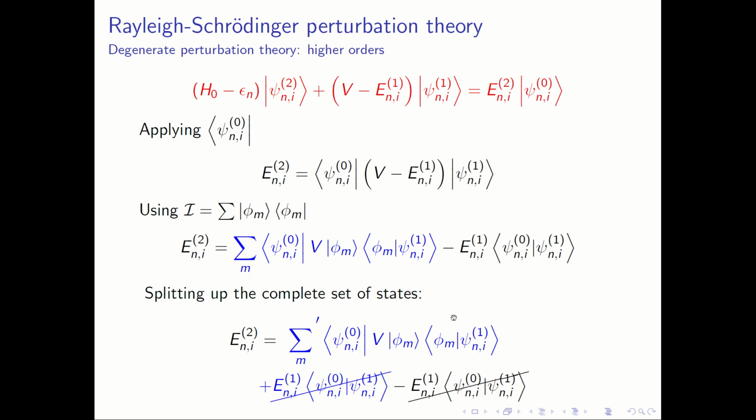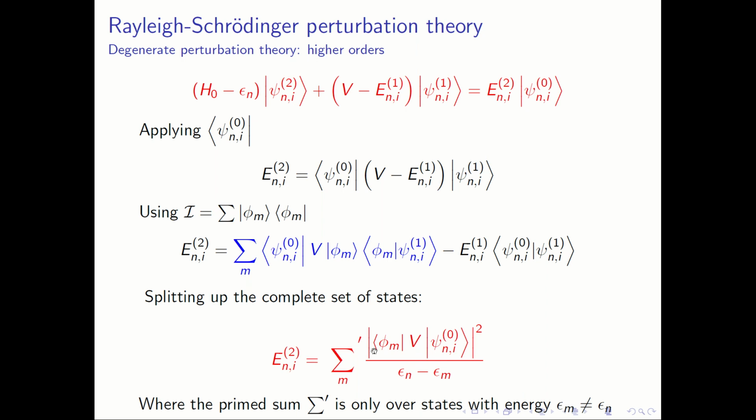And now this projection, psi 1 ni's projection in the direction of any eigenket of H0 except for those which have the same energy as the one level we are talking about, all those we could and did calculate, and we just need to put in the values. Notice that these terms which we could not figure out from first order perturbation theory simply cancel out. So E2 ni gives a formula which you can definitely calculate.